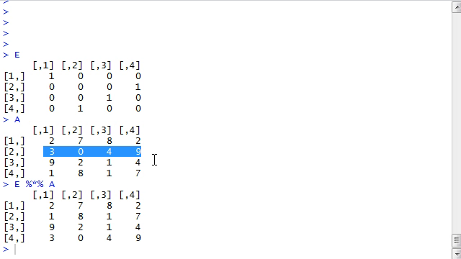For example, if I create a swap matrix E swapping rows 1 and 2, then E times A will swap rows 1 and 2 of A.